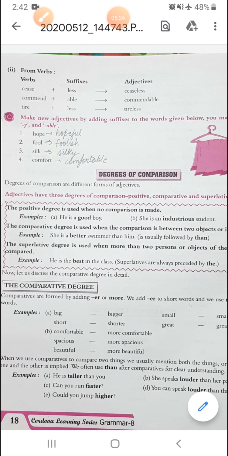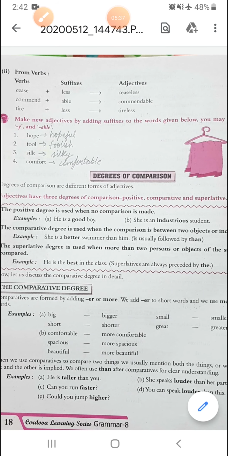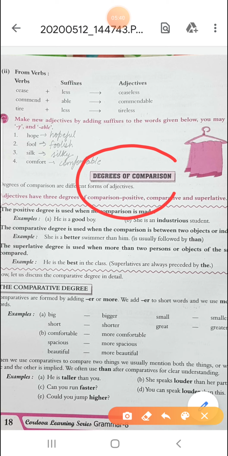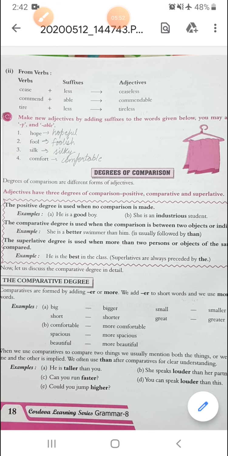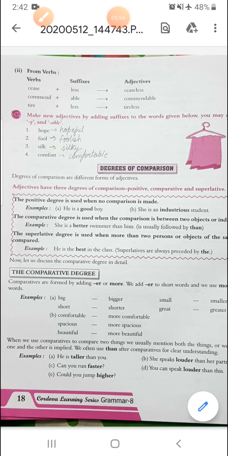Now let's see our next topic, that is degrees of comparison. You people have been studying this topic for the last 2-3 classes. Degrees of comparison are different forms of adjectives only.